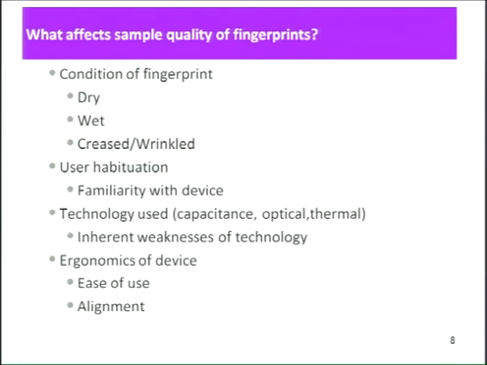That requires a little bit of a different interaction compared to traditional devices, where you just place a finger on the device. The type of technology that's used is another factor; there are several different types of acquisition technologies. The more commercially available ones are optical, capacitive, thermal. All of these technologies introduce their own weaknesses because of the underlying acquisition methodology and the ergonomics of the device. How well is the device designed so that the person can actually interact with it?